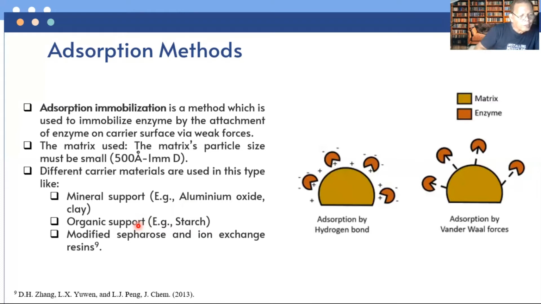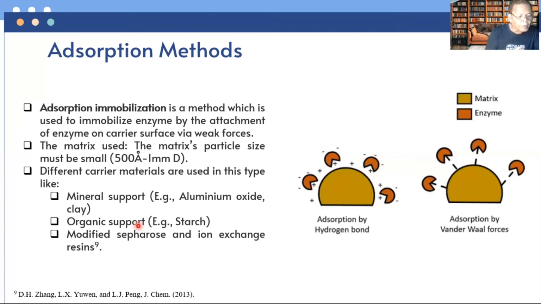Adsorption immobilization is a method used to immobilize an enzyme by attaching it to a carrier surface via weak forces: electrostatic force, hydrophobic interaction, and hydrogen bonds. It is the oldest and simplest method. In this type, the enzyme adheres to the surface of the water-insoluble carrier matrix.